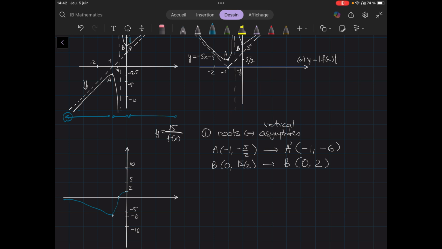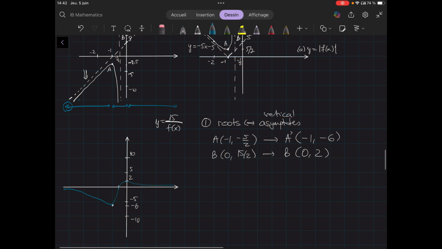Thus, it will decrease until it is asymptotic to the x-axis. So the horizontal asymptote is y equals 0. This is part A, that is part B. And that is the end of question 6.